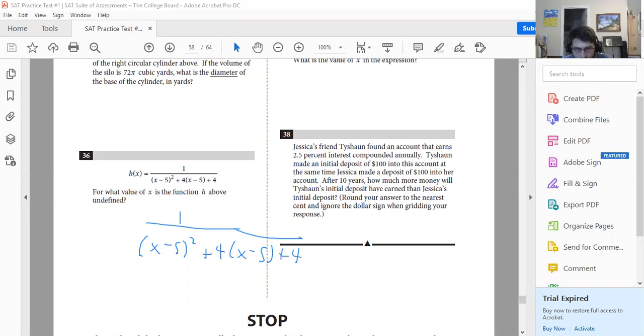So now that we've got that equation written down, let's see what it looks like. 1 divided by x minus 5 squared plus 4 times x minus 5, that's not a 5, plus 4.